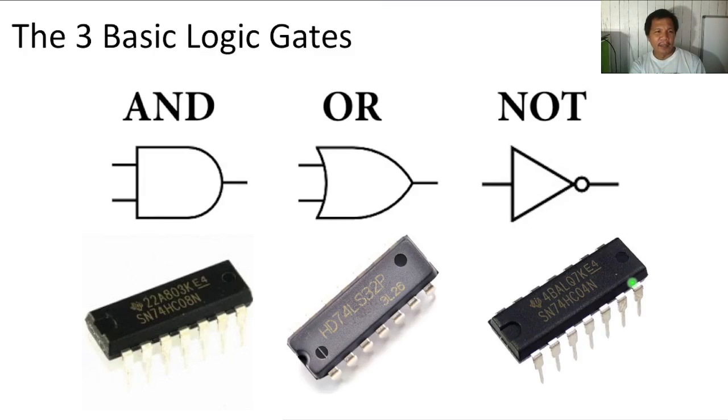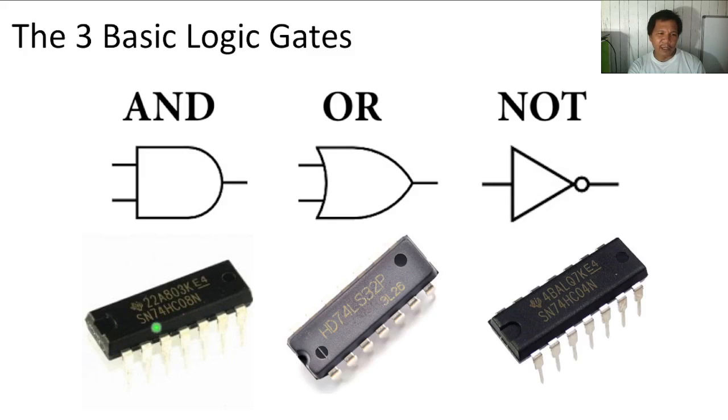Okay. Now, these are the 3 basic logic gates, symbols, and the IC part numbers. So, for an AND gate, we call this 7408. Now we will learn all the characters here, like for example, SN74HC08N.